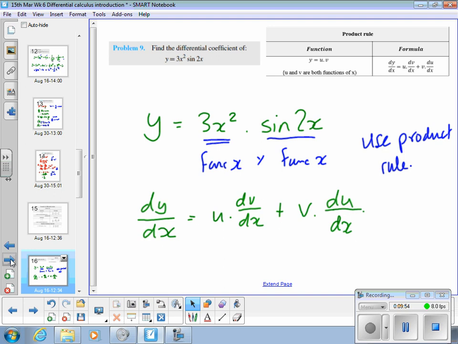So that's the formula we need to use to solve this. We can't just differentiate 3x squared and sine 2x and multiply them together. That doesn't work. Okay? You've got to use that formula. So this is what we do.